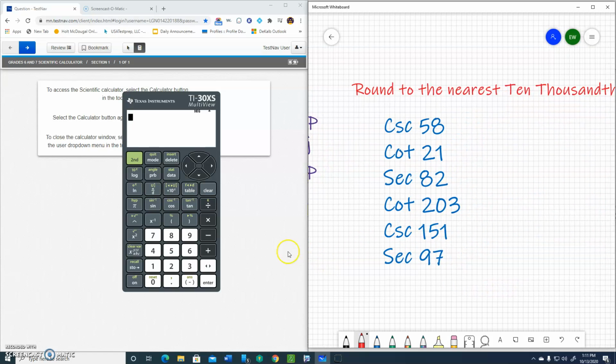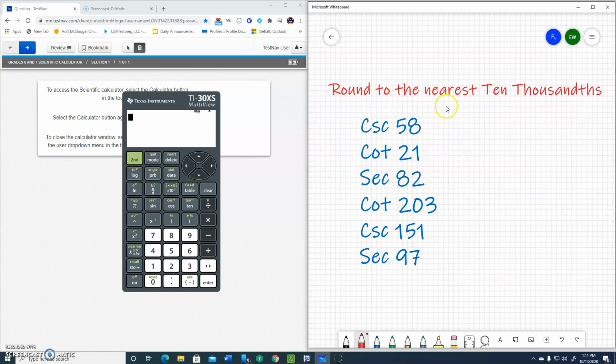So here are the problems that we're going to work out. And it says round to the nearest 10,000. So we could either do each problem and round it manually, or we can set the calculator to round it to 10,000s. So I'm going to set the calculator. So if I go to mode, I can tell it to round to 10,000s, which would be 4 places after the decimal point.